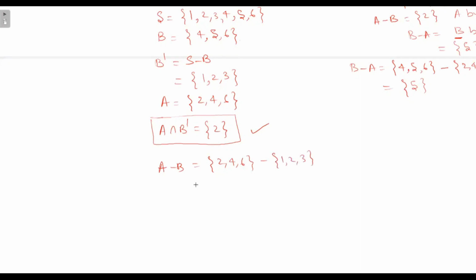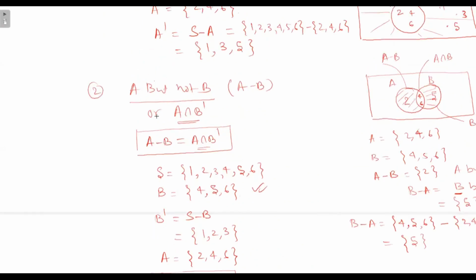Now what will be my A minus B? You read it as A but not B. So what is in A, not in B? 2 but not 3. Okay, I just took the B wrong. B was 4, 5, 6. Good. So can you see this? A intersection B complement is actually equal to A minus B.